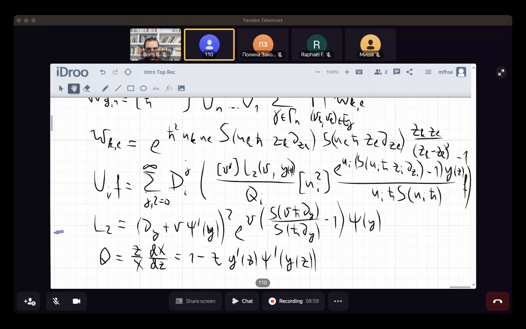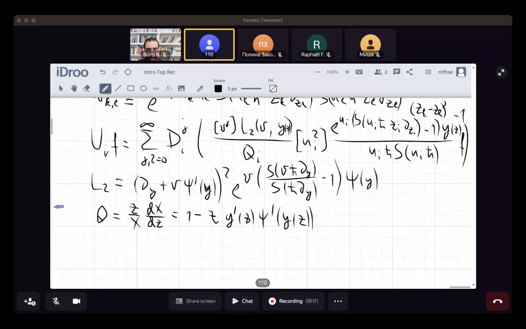So we recall that x is z over x of psi of y of z. So you remember all of this, right? We start with this formula, and starting with it we want to prove the loop equations.